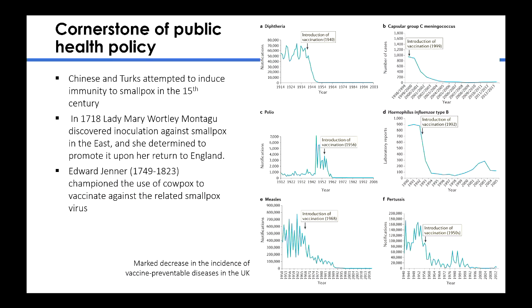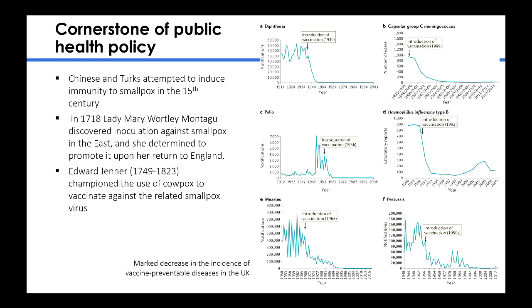So if we look at it, obviously it's a cornerstone of public health policy, with hygiene, and it's another thing that really changed the field of infectious diseases in the early last century. So once the vaccinations were introduced, you can see a dramatic drop of cases in each year.